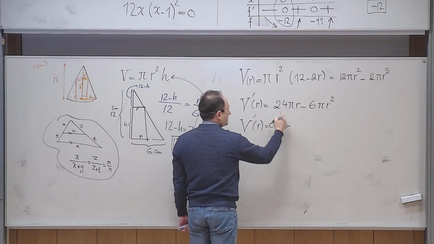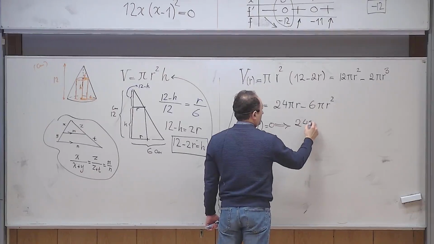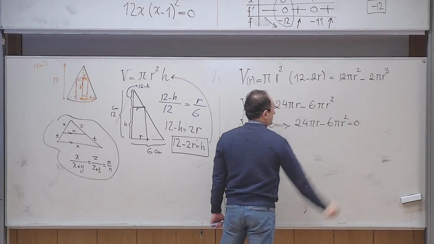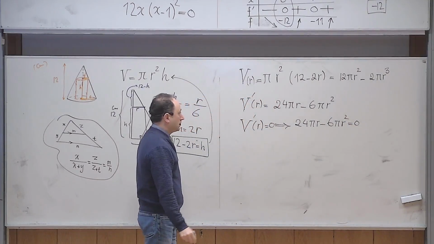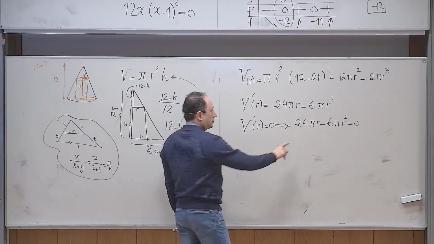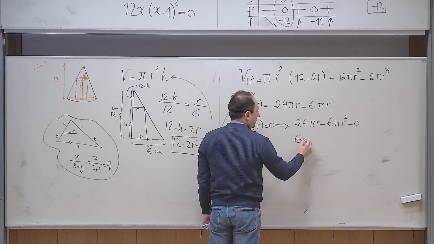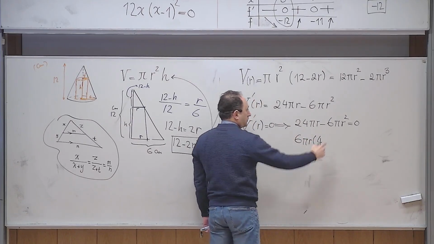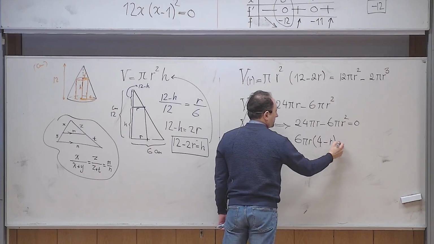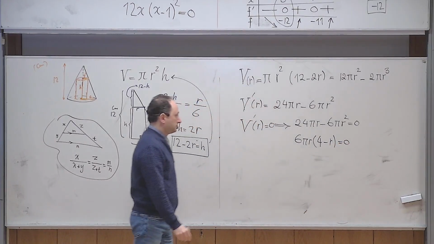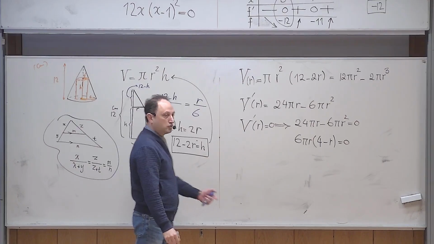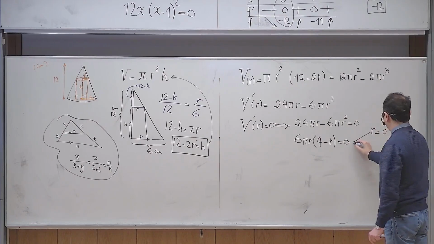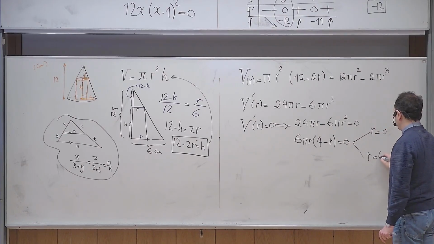Then what happens? 24 pi r minus 6 pi r squared is equal to 0. And I want to solve the equation. I factor 6 pi r out. From here 4 is left. From here only r is left. There are two options. Either r is equal to 0 or r is equal to 4.